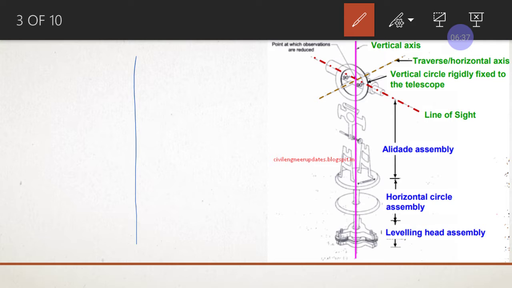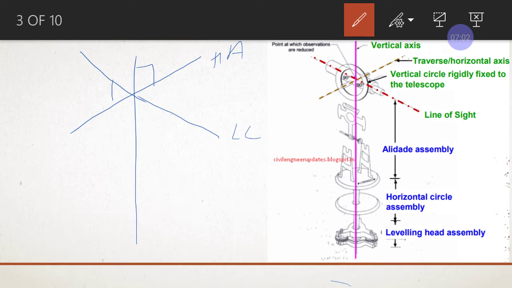Through that you have a horizontal axis which is perpendicular. Now at the center of it, you have the line of collimation or line of sight which is perpendicular to the HA.